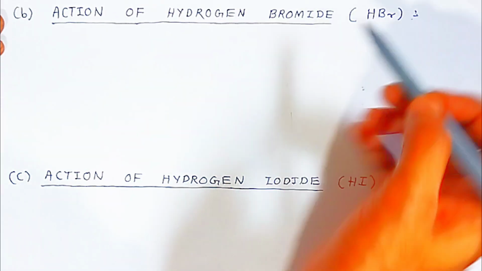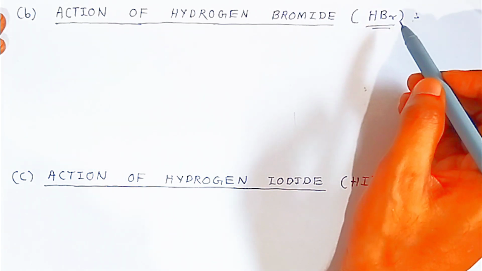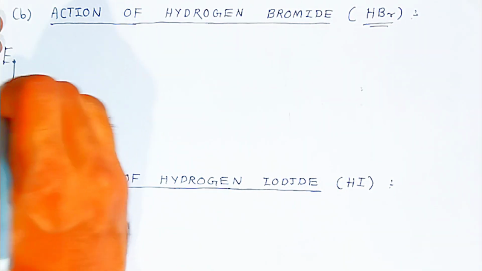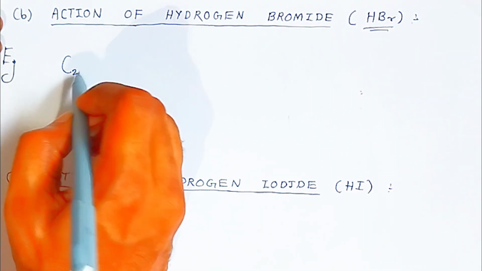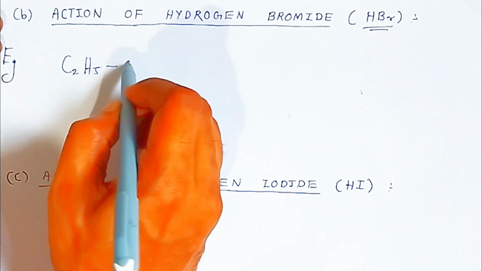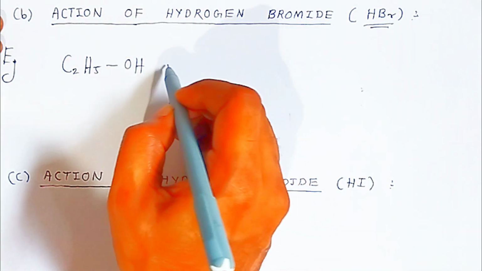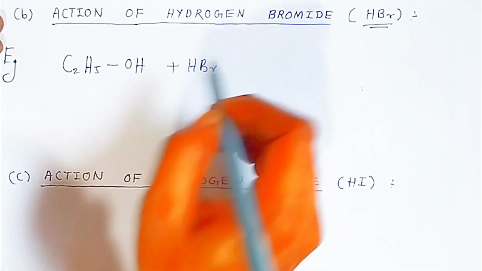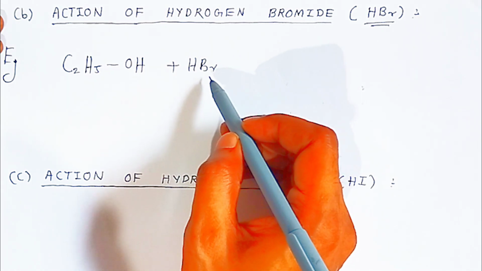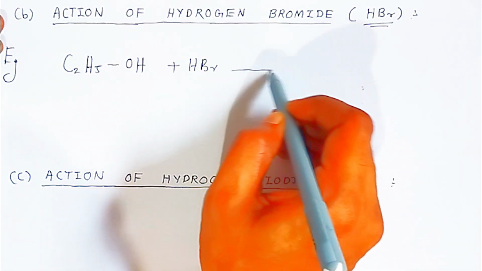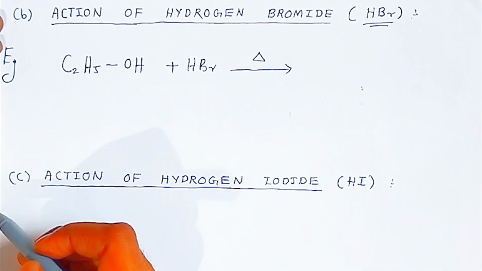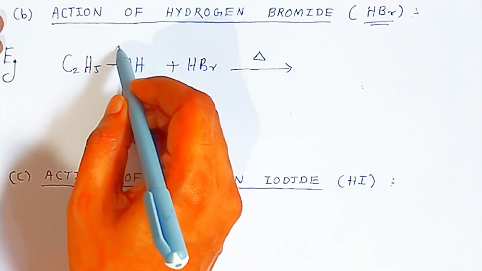Action of hydrogen bromide, which we show with HBr. Now students, you have ethanol, a simple example I have taken, C2H5OH. What happens when you add HBr? As compared to HCl it is more reactive, so only heating is required. Just heat it. The carbon oxygen bond will break here.